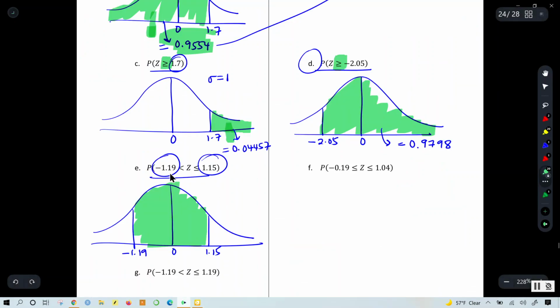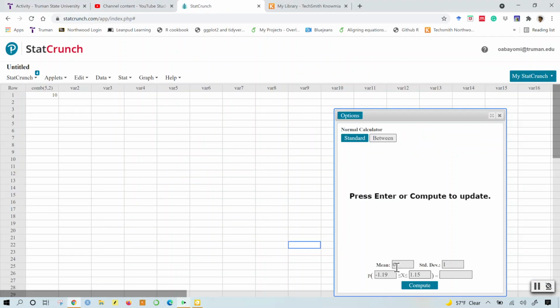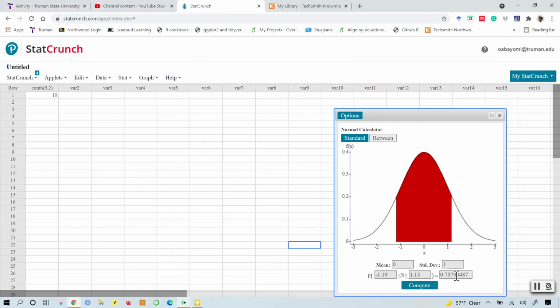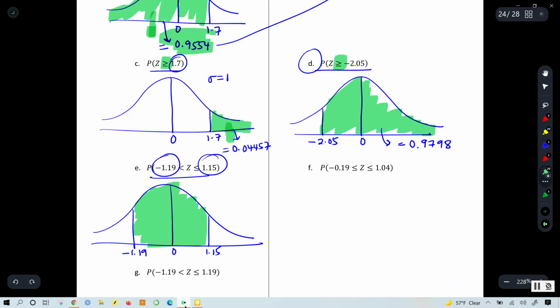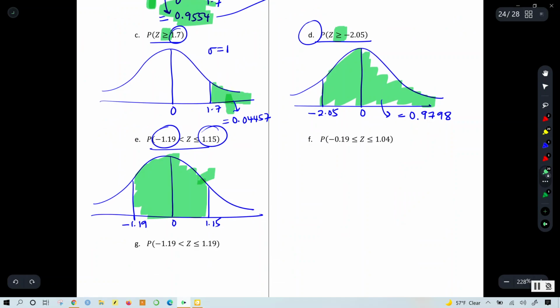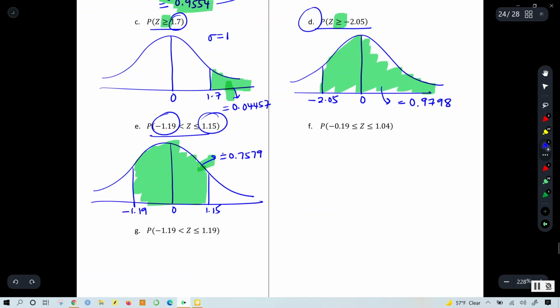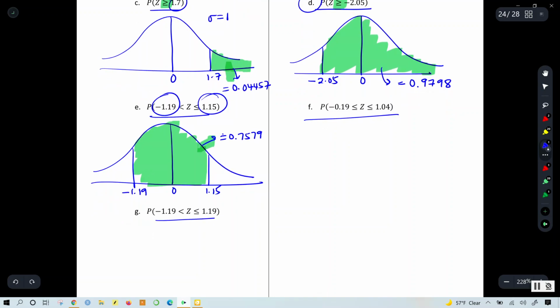Yep, negative 1.19 and positive 1.15. So I'm going to compute that. That is 0.7579. So we take that back here. This region, the size is equal to 0.7579.